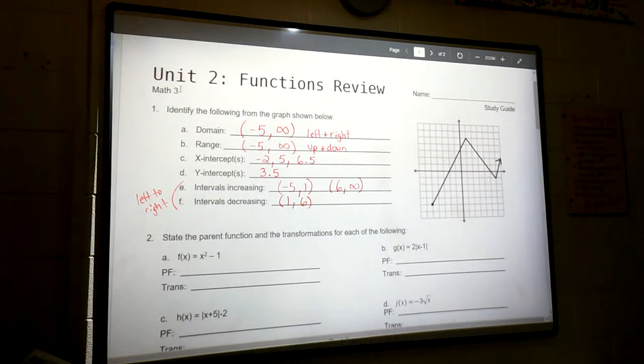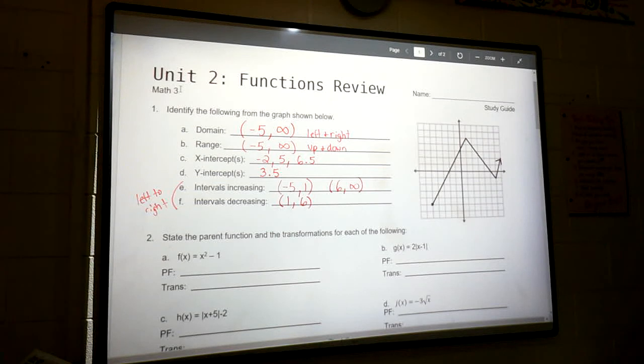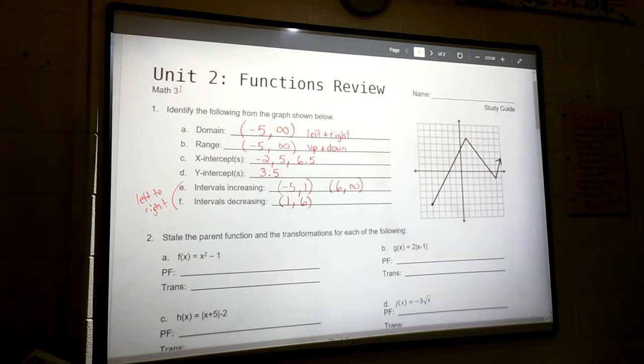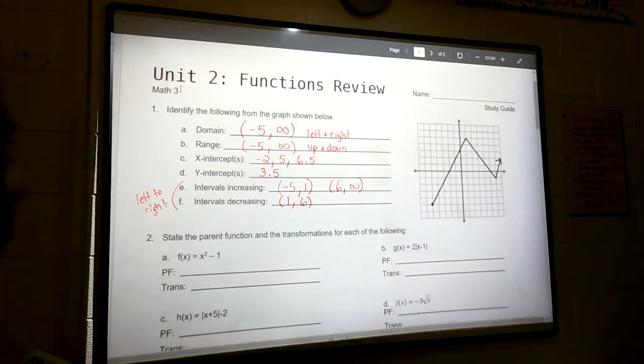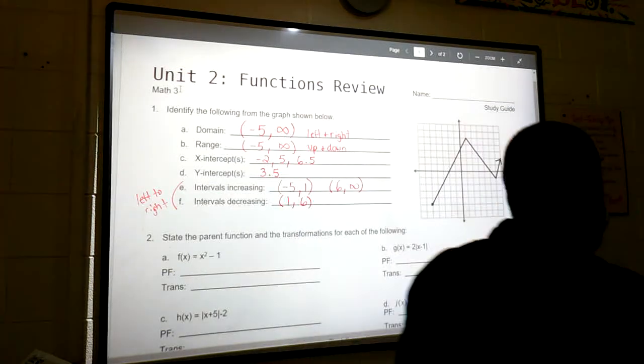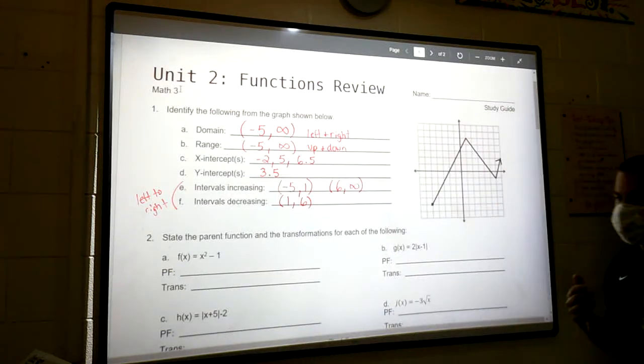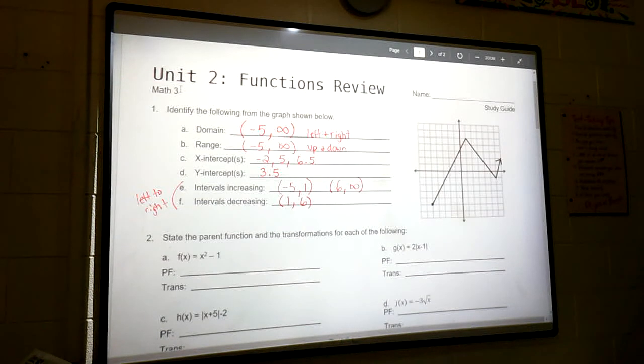Okay, now we get to the second part. It says state the parent function and the transformations for each of the following. Parent functions are the things that are in your notes. They're actually in 2.2, I think. That was 2.1, this is 2.2.